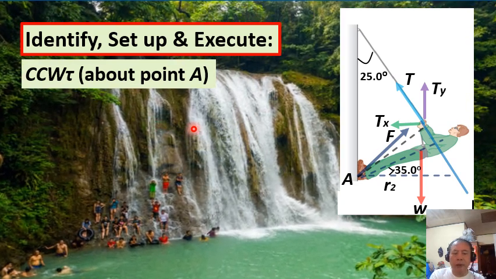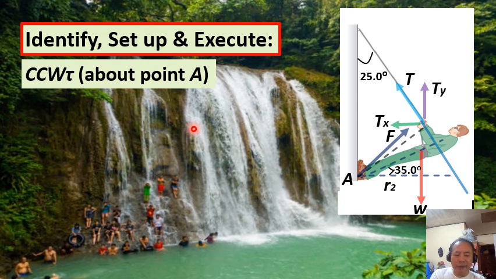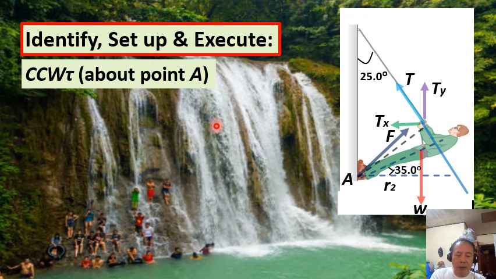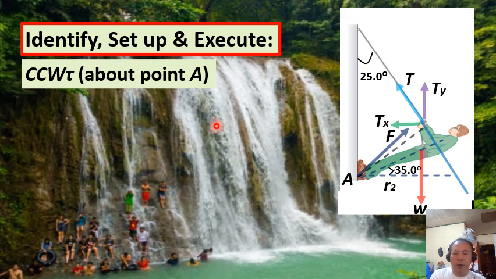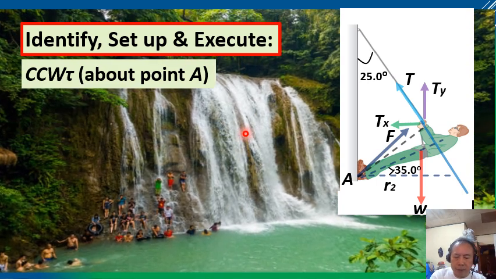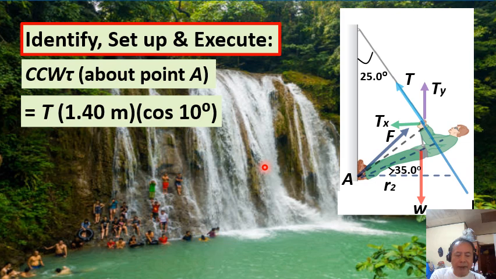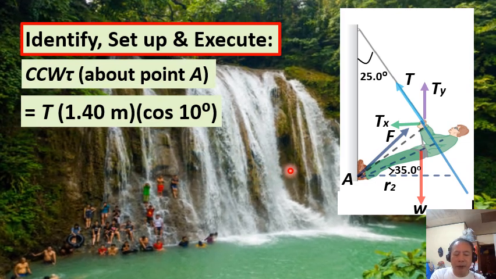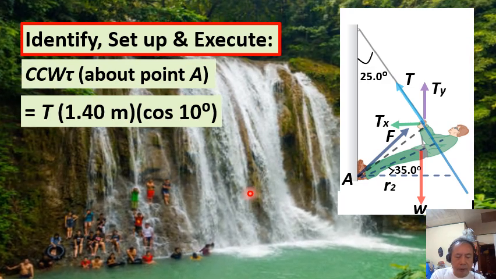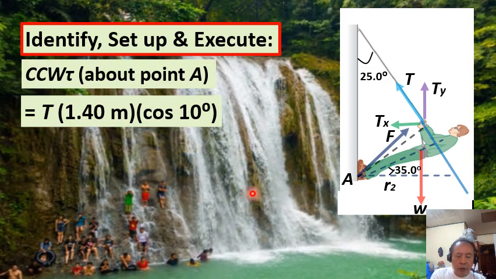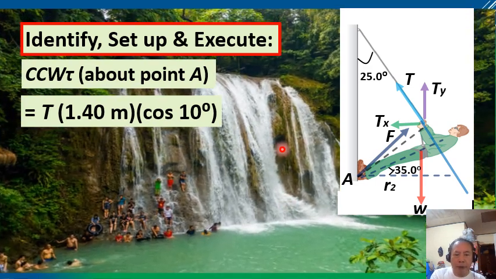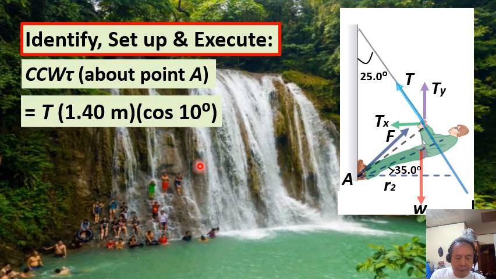The torque about the same axis, point A, that balances the clockwise rotation is provided by the tension T. Tension T has the tendency to cause the body to rotate in a counterclockwise direction. It is equal to the tension force capital T multiplied by the moment arm R sub 1, right?